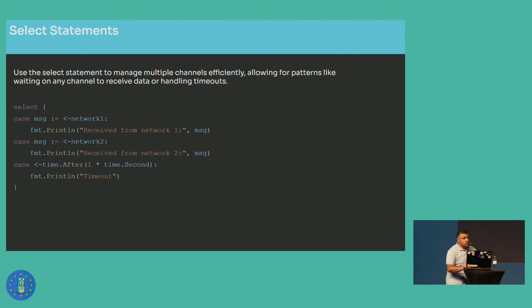For example, if you are connecting to multiple network ports and each port should handle messages concurrently, you can use multiple channels, and you can use the select statement to read from them.